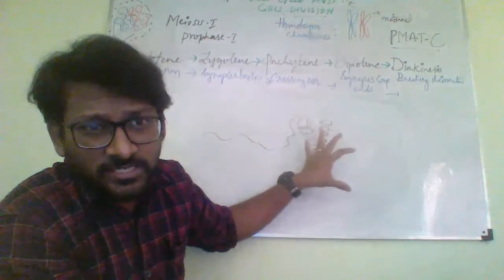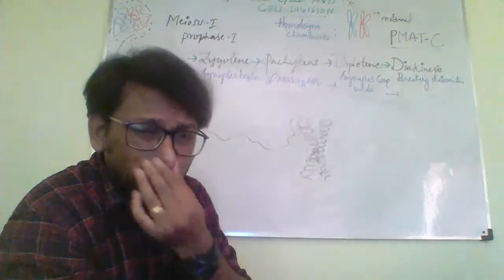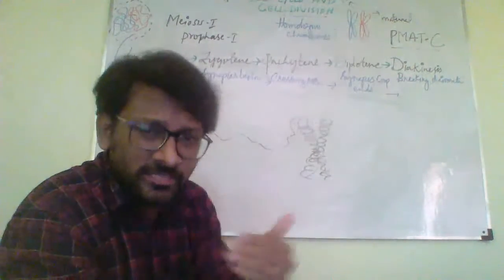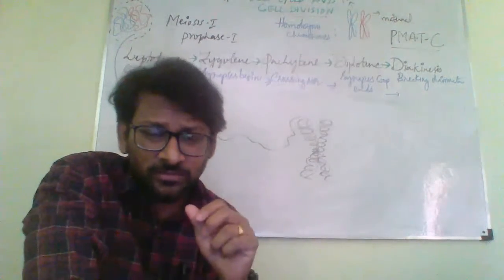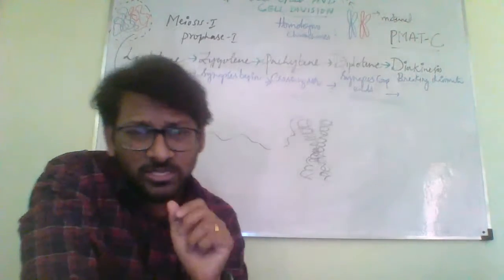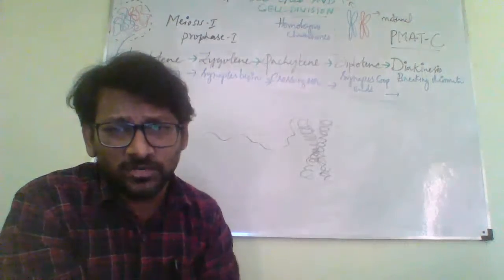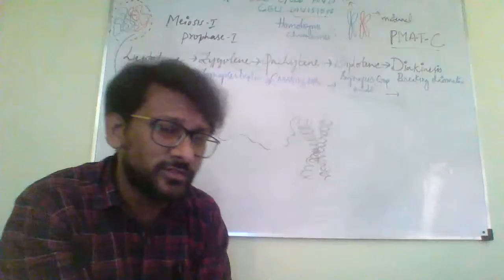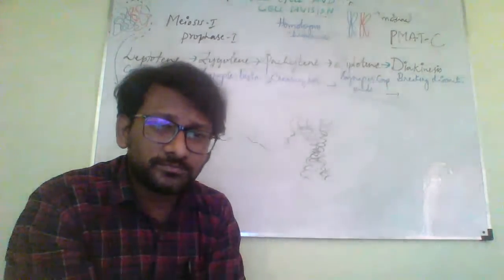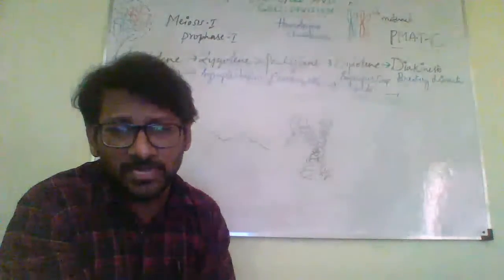So condensation takes place, and then it enters into division. Here you need to focus on the structure of the chromosome, which has the centromere. As we talked yesterday, based upon the centromere position you will have different shapes of the chromosome, like J form, V form, L form.